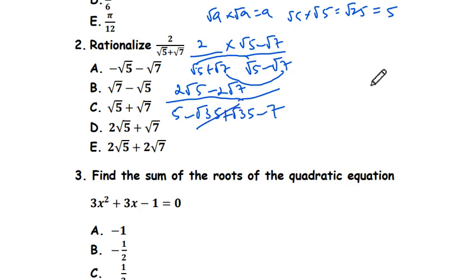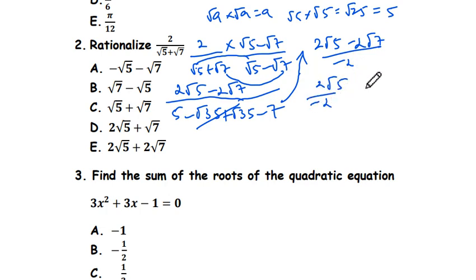You have 0 there. So here we have 2 root 5 minus 2 root 7 divided by 5 minus 7, which is minus 2. That is 2 root 5 divided by minus 2, minus 2 root 7 divided by minus 2. 2 cancels out 2.